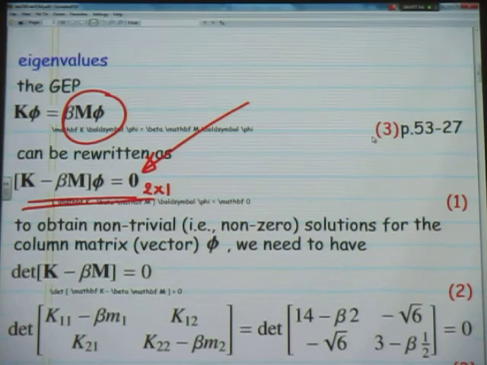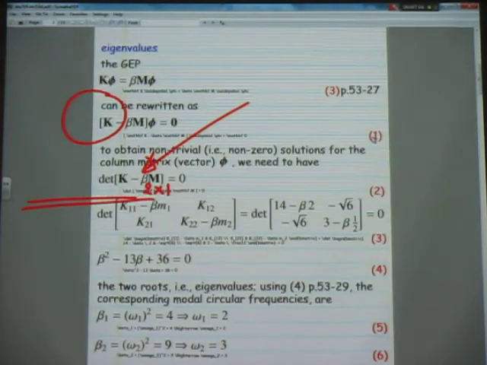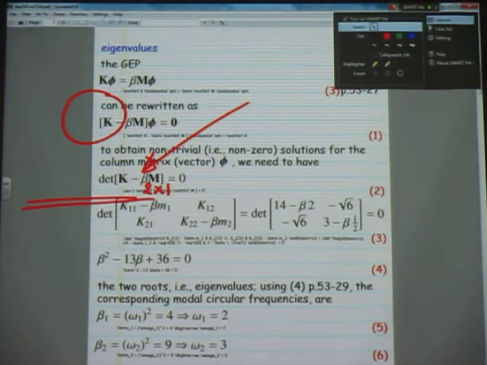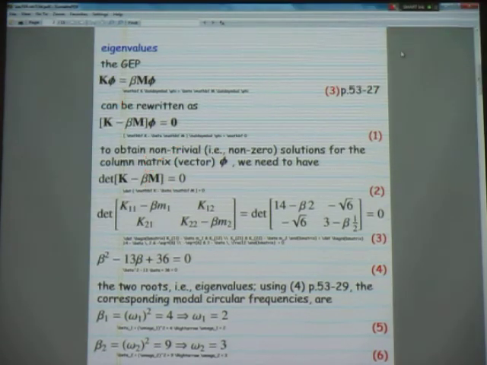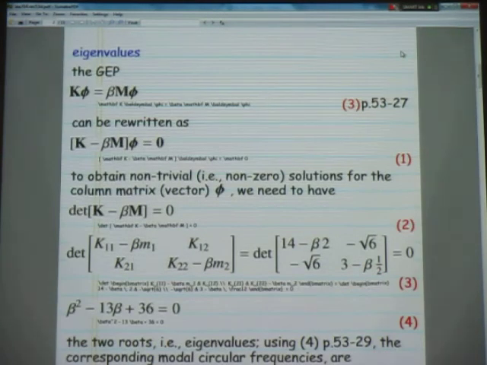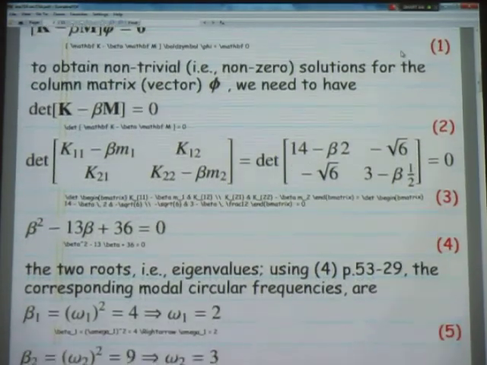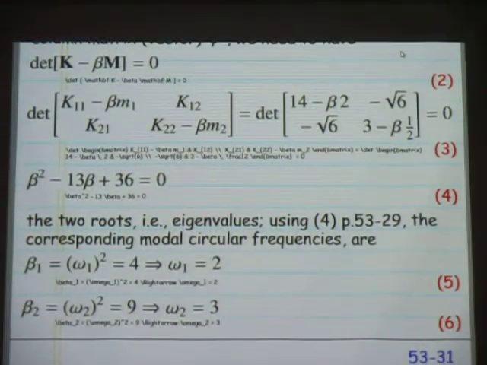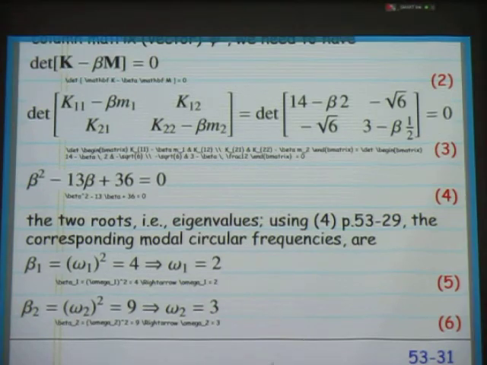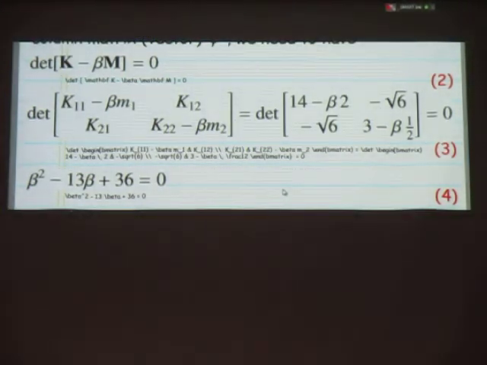And so let me zoom out so that you have the big picture. The big picture is now, this determinant is a quadratic equation.